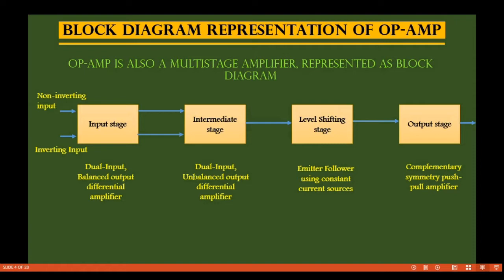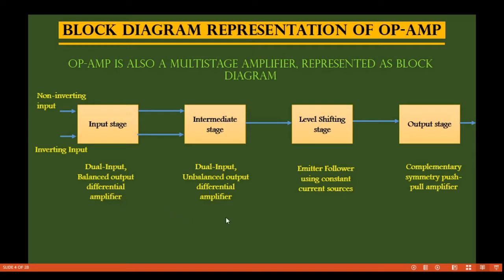It has 4 stages: input stage, intermediate stage, level shifting stage, and output stage, and it has 2 inputs and 1 output. The 2 inputs are the non-inverting input and the inverting input, which means the inputs are 180 degrees phase shifted to each other. In the input stage, it has a dual input balanced output differential amplifier.